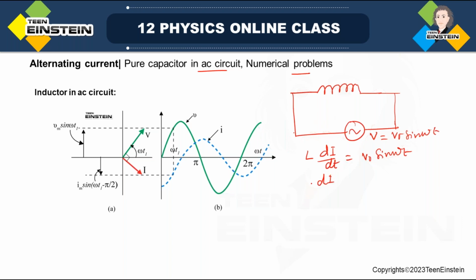So di is equal to V0 by L sin omega t dt, and integration 0 to I di here, and here integration over t.